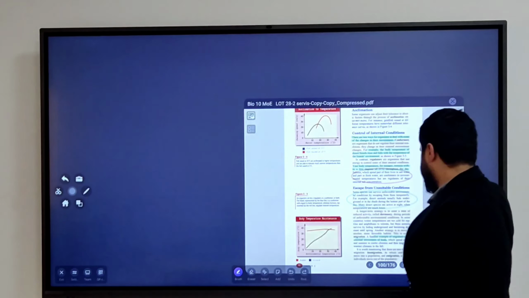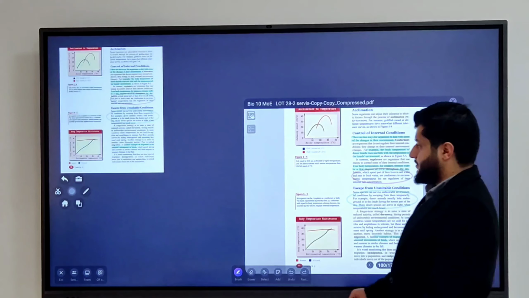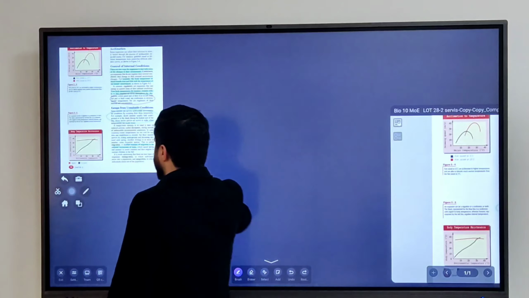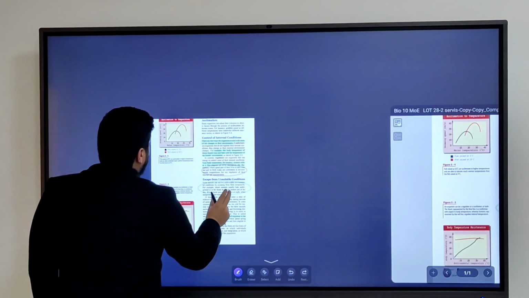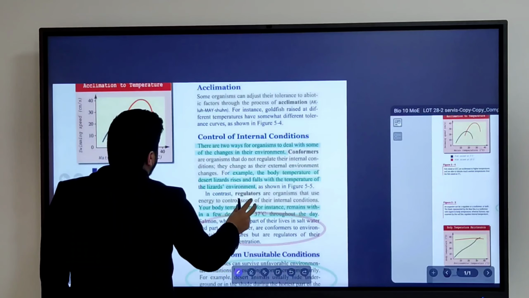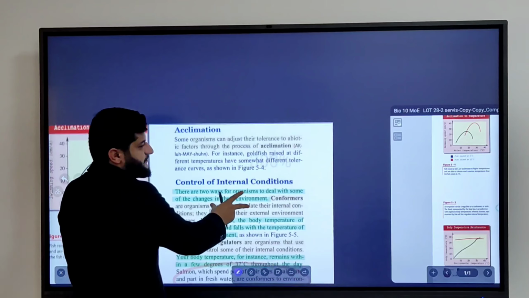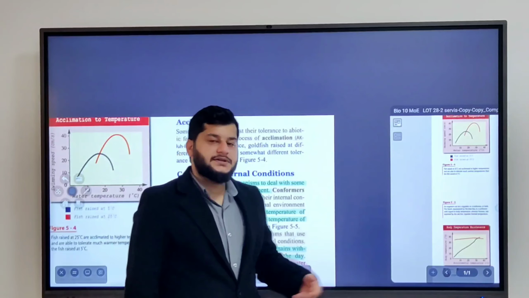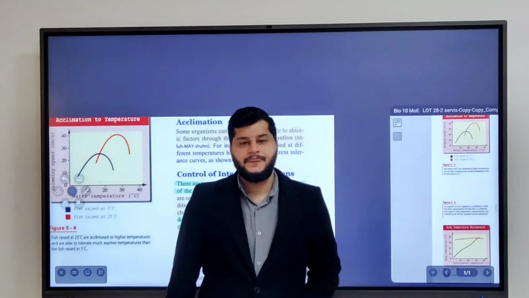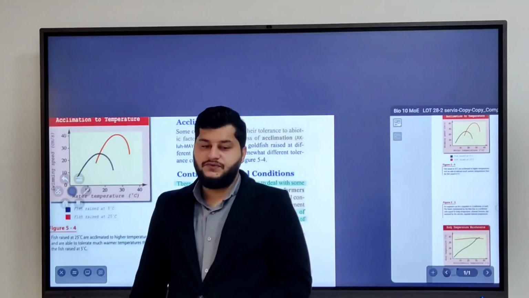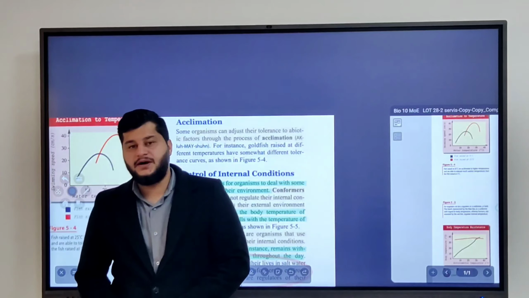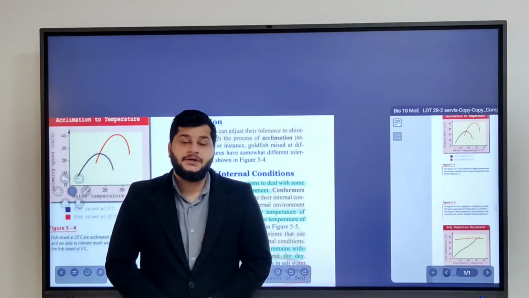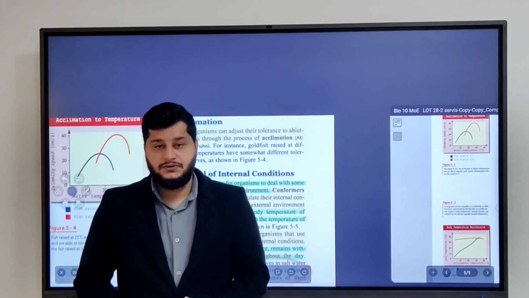Now, acclimation. What's acclimation? Let's imagine that you go to Antarctica for a picnic, nobody goes there, but let's say you go to Norway. Okay? You go to Norway for a month, 2 months, 3 months. What will happen? Your body is going to adapt to that cold.